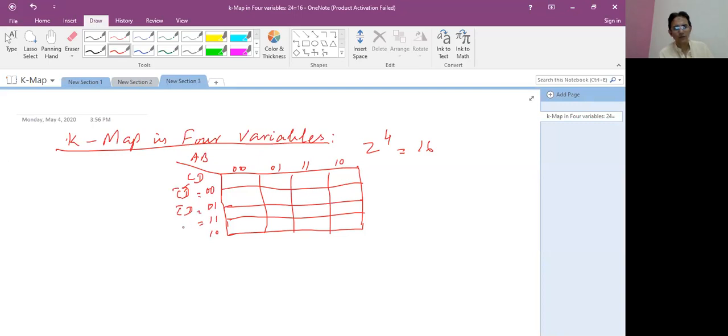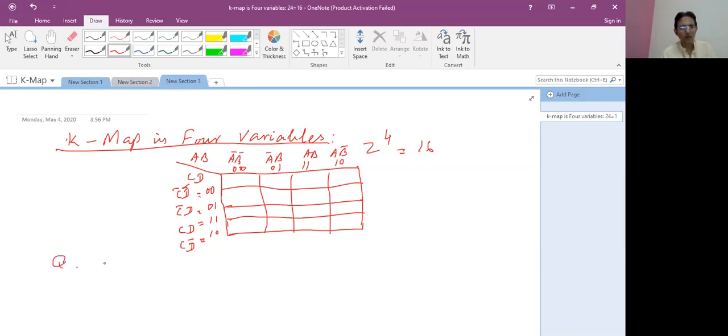It means C and D without complement, C and D complement. So when we consider this one, both are complemented. A complemented B as it is. A, B both without complement, and A into B complemented. So this is called K-map in 4 variables.